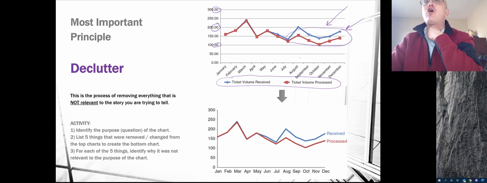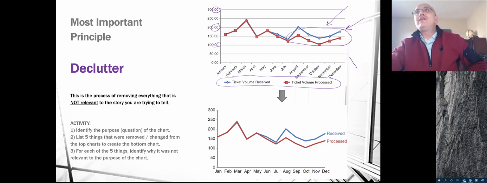Because our question is, are we keeping up with the tickets that we're receiving? And beginning kind of in May, we start falling behind, and this gap grows and we can never close it. That's the true story here. And so everything that doesn't have to do with that gap can be removed, essentially.